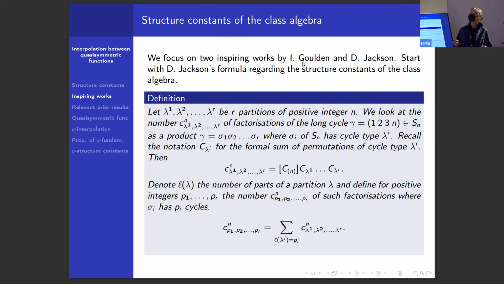And then we look at the structure constants C n lambda 1, lambda 2, etc., lambda r, that give the number of factorizations of the long cycle of length n into a product of r permutations of cycle types lambda 1 through lambda r. We also define the related numbers C n, p1, p2, etc., pr, that give the number of such factorizations when only the number of cycles is fixed within each factor. To be consistent with these notations, p i is simply the number of parts of the partition lambda i.